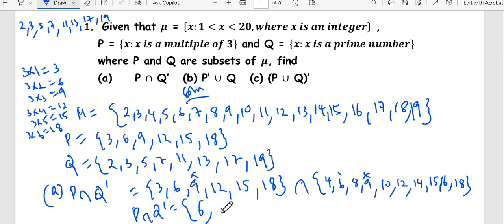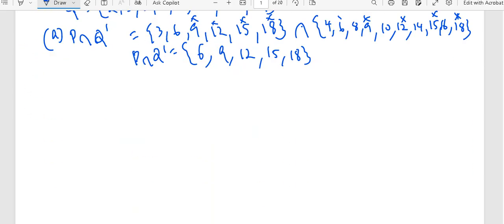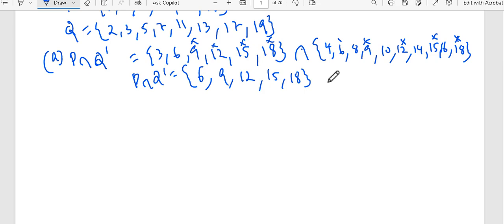So 9, we have 12 here, we also have 12 here. So 12, we have 15 and 18. So these are our answer, P intersection Q prime.